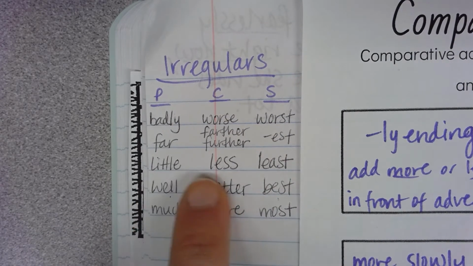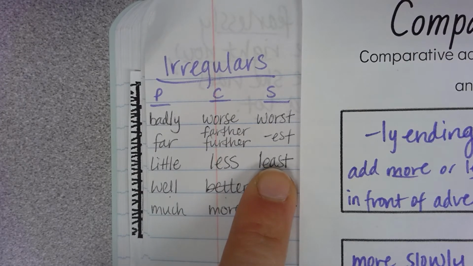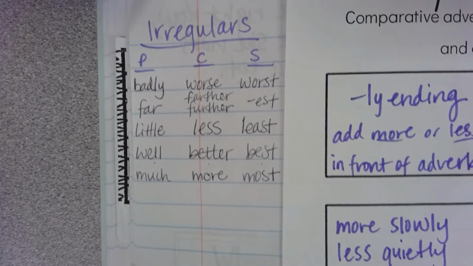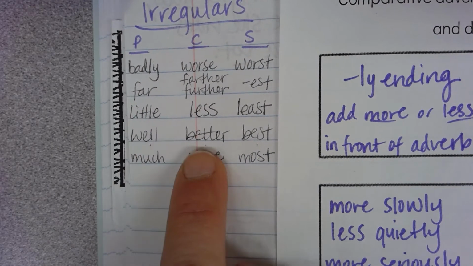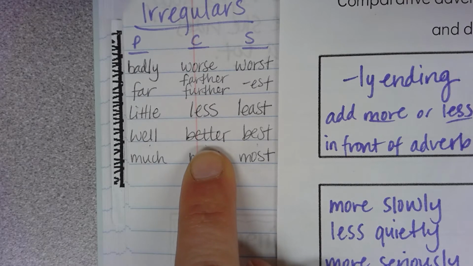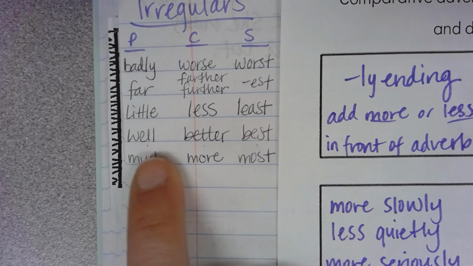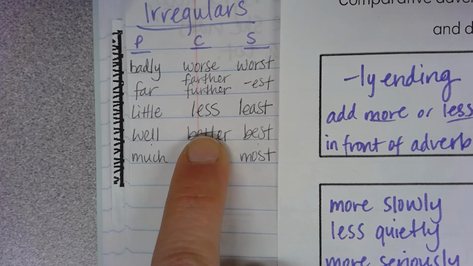Next one, little, changes to less, and then the least. That one's pretty self-explanatory. Well, better, best. You're probably thinking back to the adjectives, comparative, superlative, and positive form or chart that we filled out. And this was good, better, best. Now, why would this be the same as good?